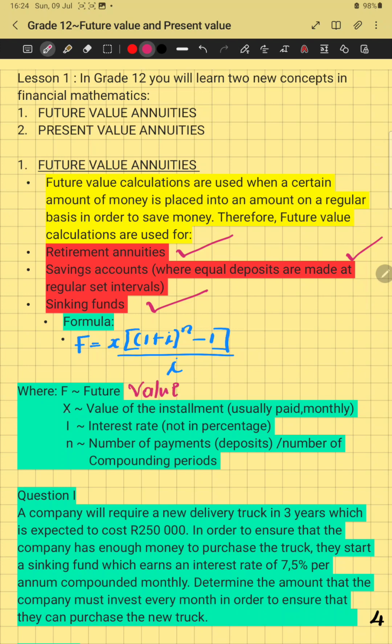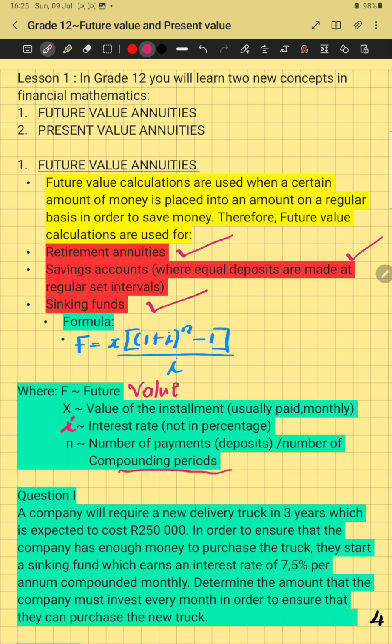X here stands for the value of the installment, usually paid monthly. And this one is i, the interest rate, not in percentage. And the last one, n, is the number of payments, deposits, or number of compounding periods.